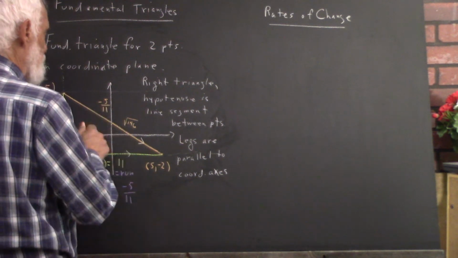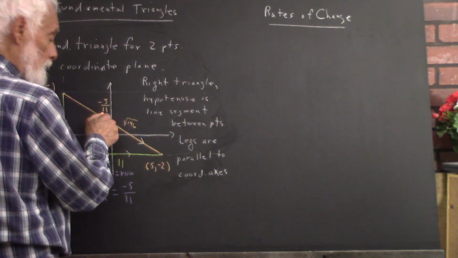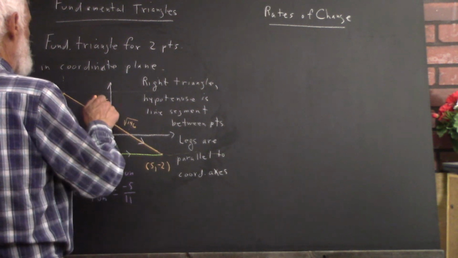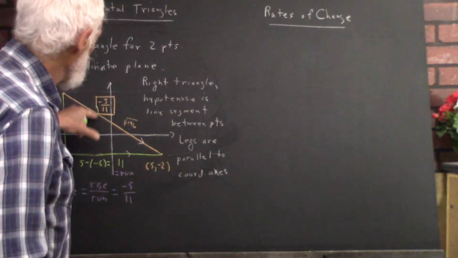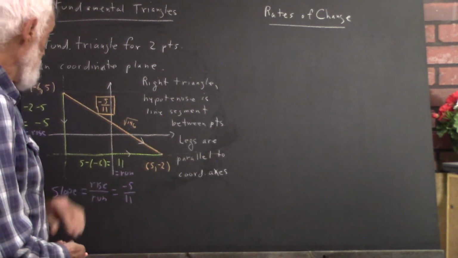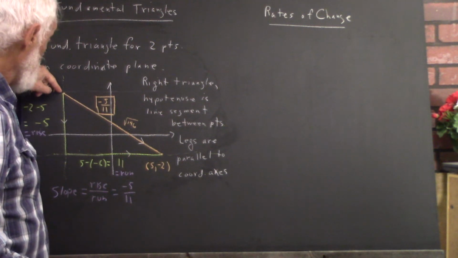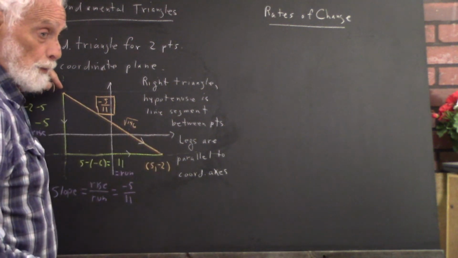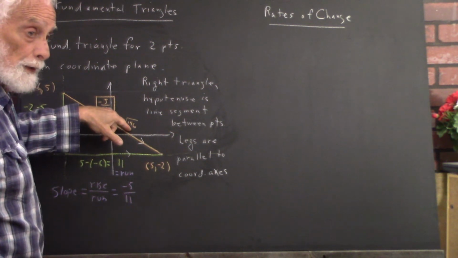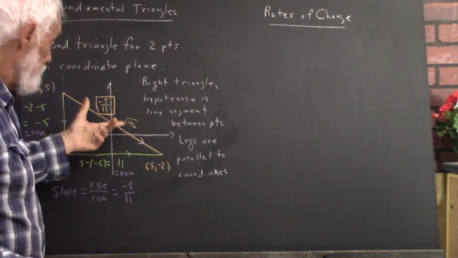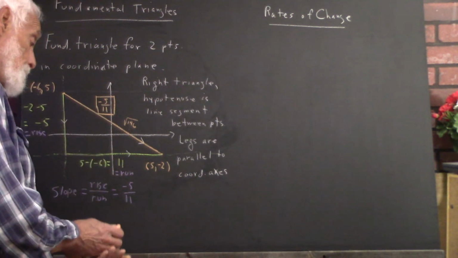Now, to distinguish a length like the square root of 146 from a slope like -5/11, we're going to put a rectangular box around that slope. So when there's a rectangular box around a number or quantity, it represents a slope. Okay? Just a plain old number, square root of 146, represents not a slope or displacement, but a length in this case.